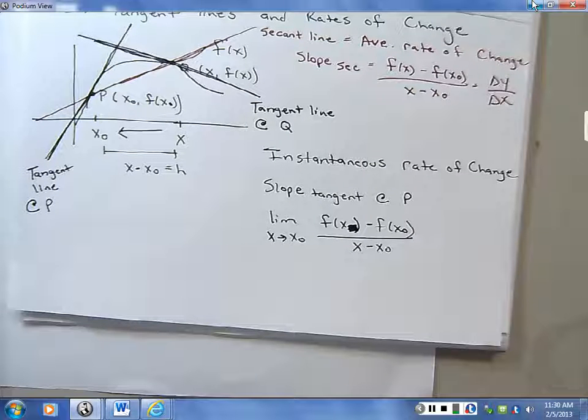So if I plug in f of x minus f of x naught over x minus x naught, I'm going to get another value. That value is going to represent the slope at point P, where your average rate of change represents the slope between 2 points. There's no calculus in average rate of change. Instantaneous rate of change, the only part of calculus here is this limit. Right?